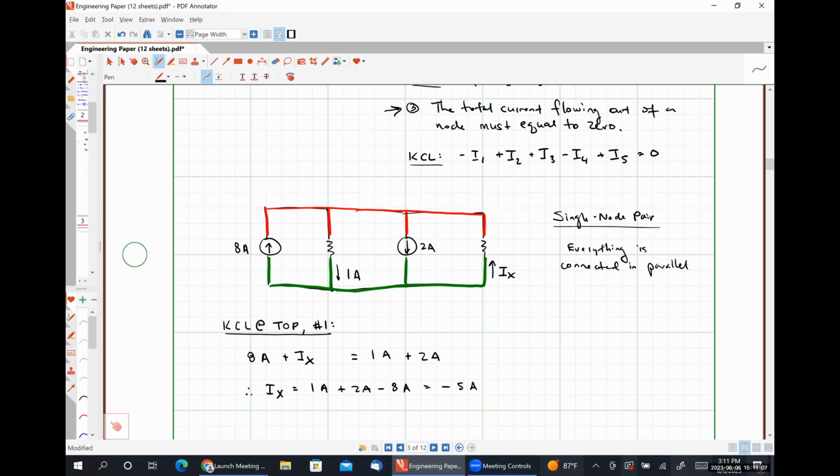And I know for me personally, the smaller the amount of negative signs there are, the less likely I am to make a mistake. So that's why I particularly use formulation number 3 when I do nodal analysis. So anyway, all right, let's work another example problem here.